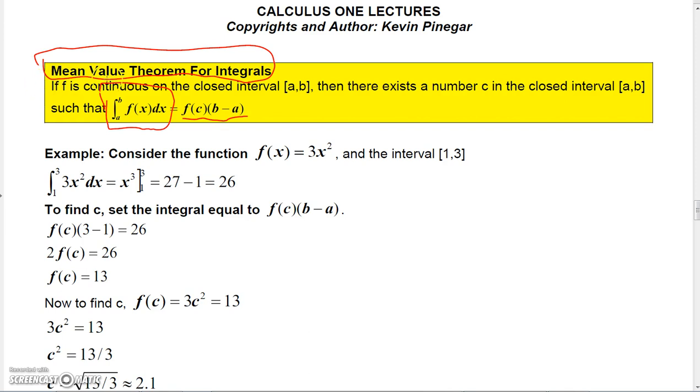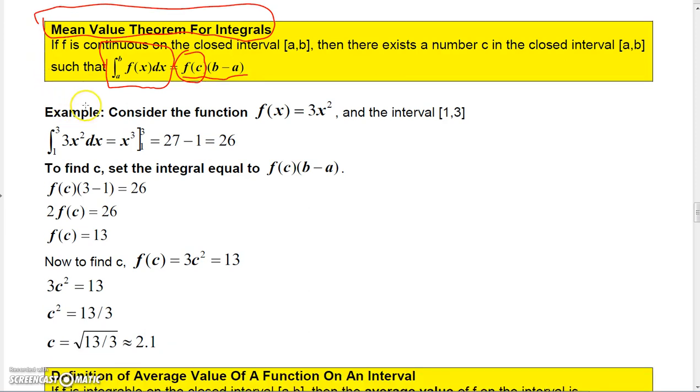In other words, b minus a is the length of the interval. I'll show you the average value version of this in a minute, but basically there's an average value, and that's what f of c represents. But let me start you with an example of this.